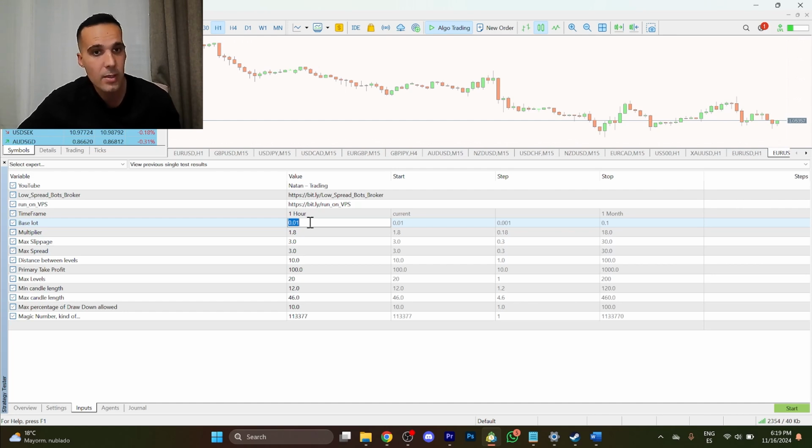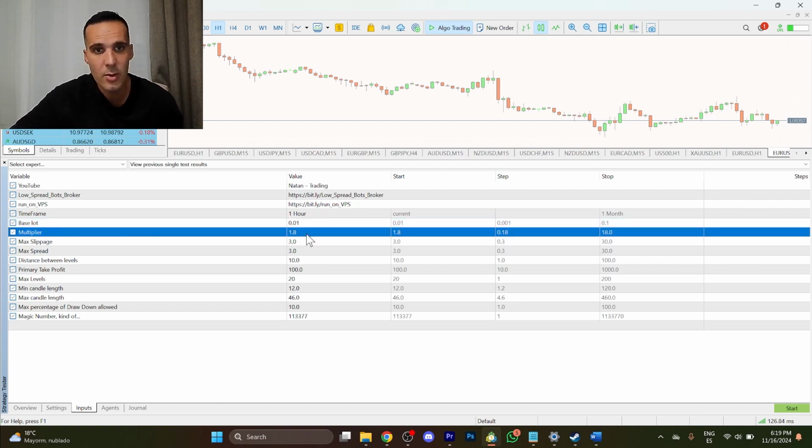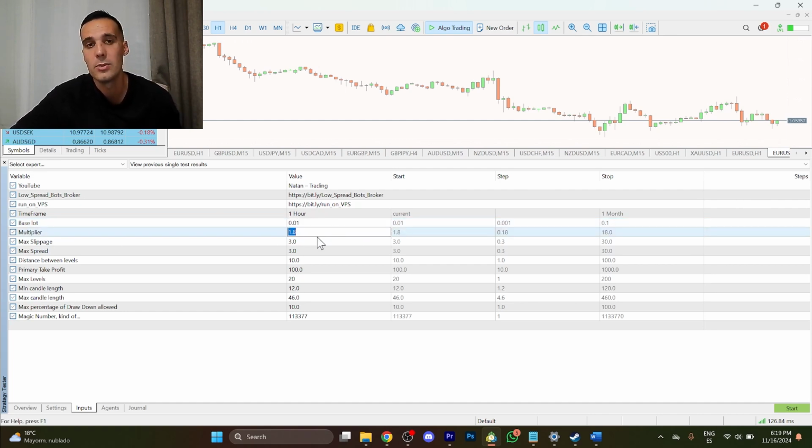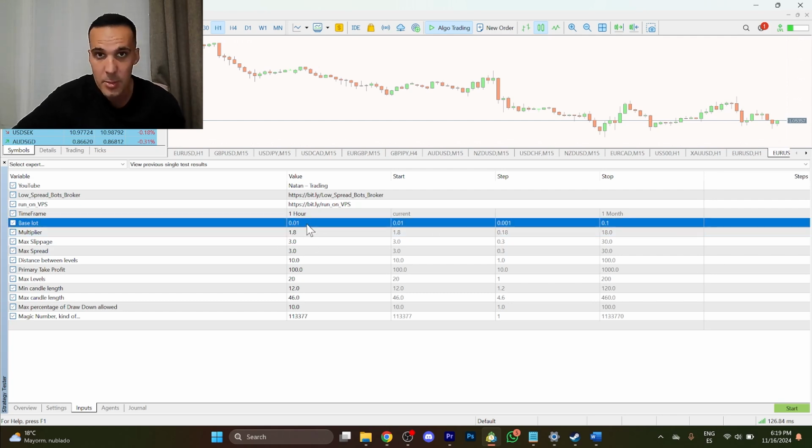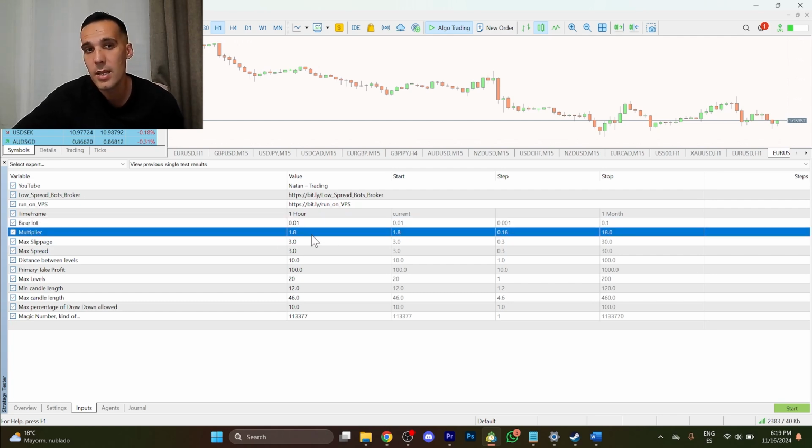But on the third one, then it will go to 0.04 or 0.03. I don't remember, but this is what it does. If your multiplier is, for example, on 2 or 5, it's going to multiply the previous trade by this number.